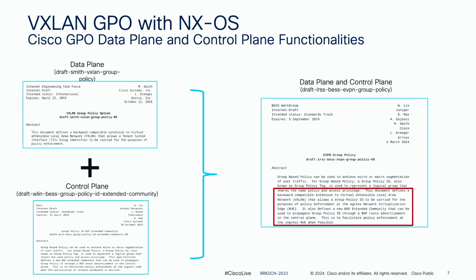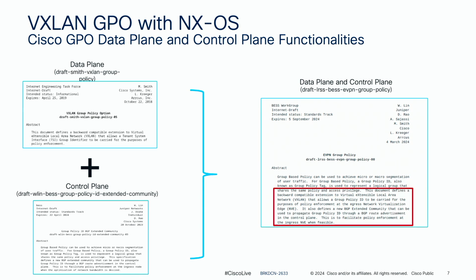But we added a control plane aspect that distributes not only reachability information, which is what EVPN does by design, but in addition, it communicates secure group information. So I classify you as part of group 1. When you are discovered connected to a leaf, EVPN communicates not only where you are, what your MAC and IP are, but also which group you belong to, right?